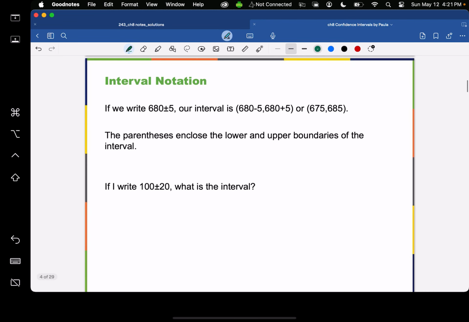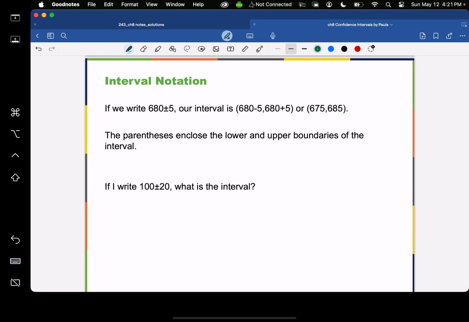So if we write 680 plus or minus 5, then our interval is 680 minus 5 and 680 plus 5, and we can write that interval as (675, 685). The parentheses enclose the boundaries of the interval.